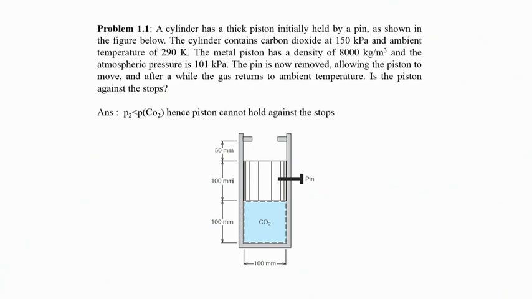To arrest the piston from moving further, there is a pin which is holding the piston. If the pin is removed, the piston will freely move and it will come to a location dictated by the equilibrium of forces from all sides, which is called mechanical equilibrium. Question is, is the piston against the stops or not?